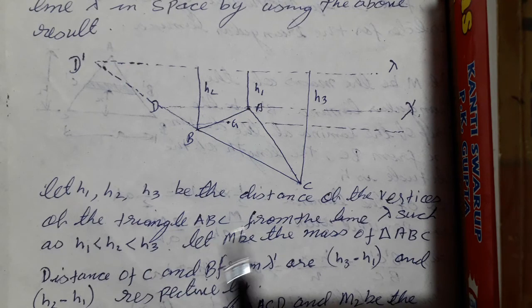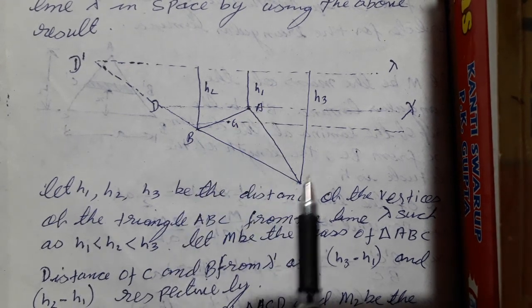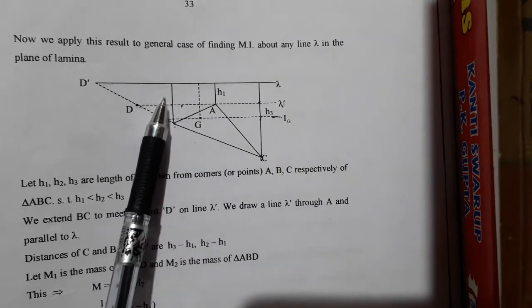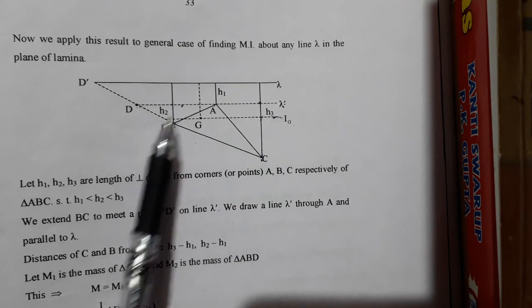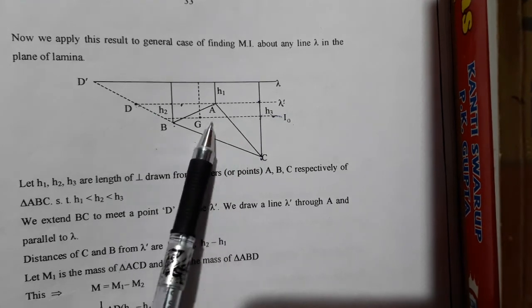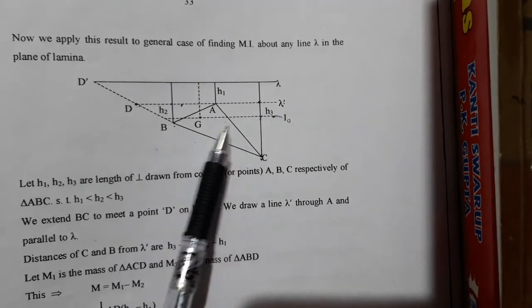I'm taking the mass of triangle ACD as M1, and the mass of triangle ABD as M2. The mass of triangle ABC is M.